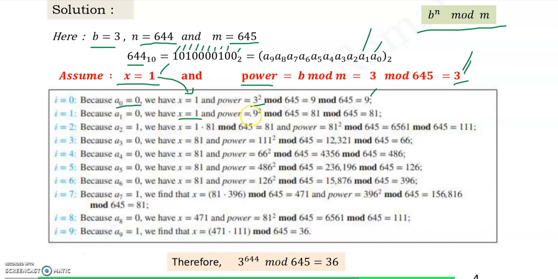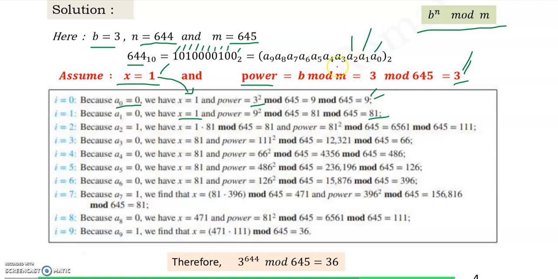So now power is equal to the previous power, 9. So take this 9, 9 into 9, that is 9 squared, 81. Again 81 is a small number, but the modulo is 645, so the remainder is 81. When you do 81 modulo 645, the value is 81. This you already studied in week 1 itself.